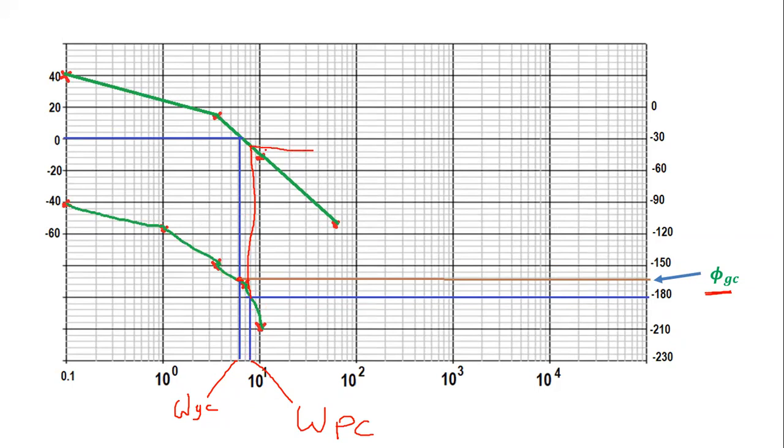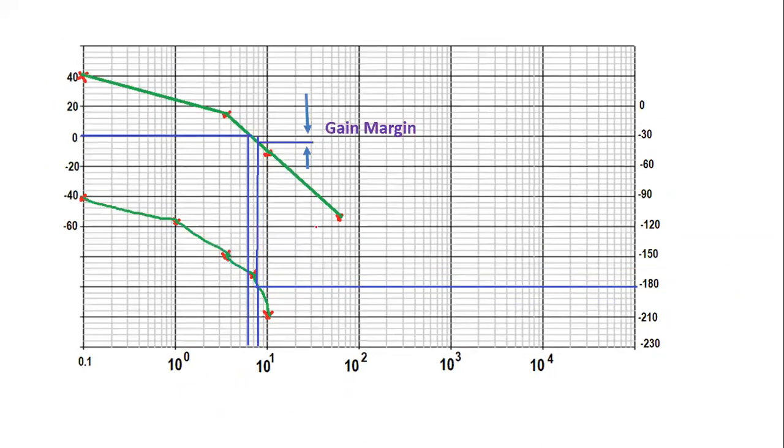In between these 2 points, with respect to 0, at that intersection point, what is the gain? The reciprocal of that gain will give the gain margin that you can observe here clearly.